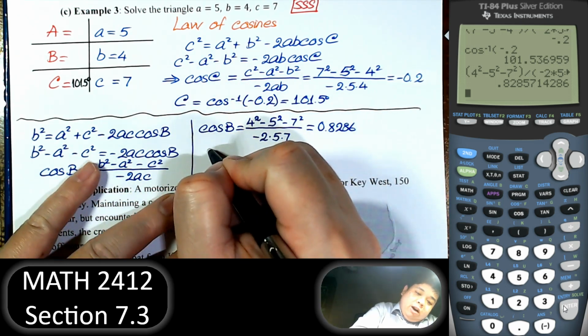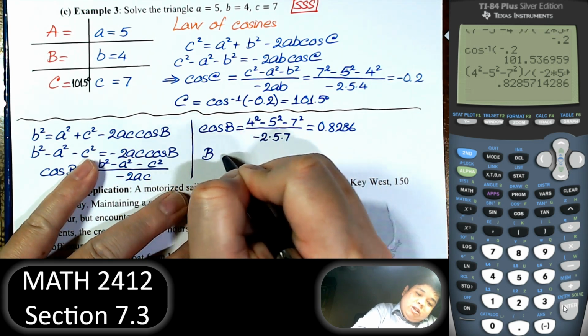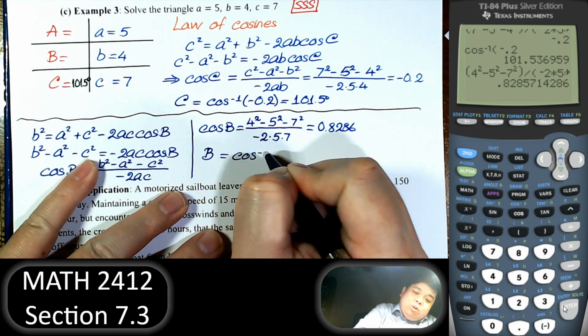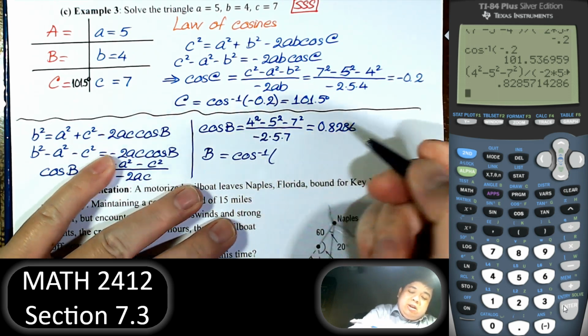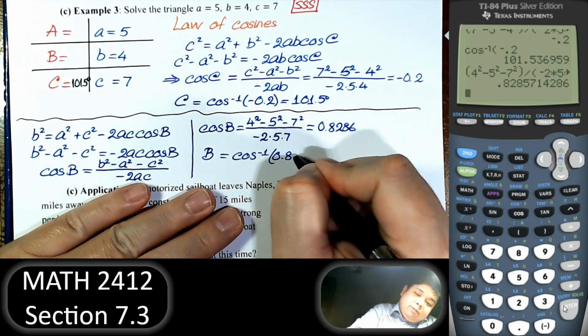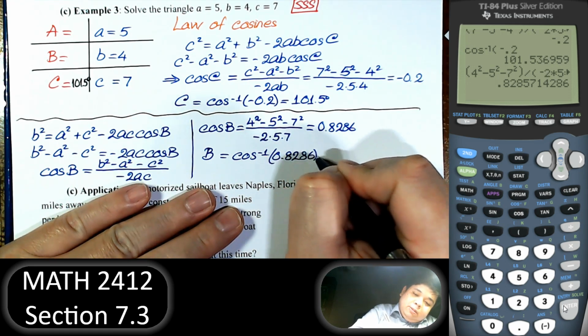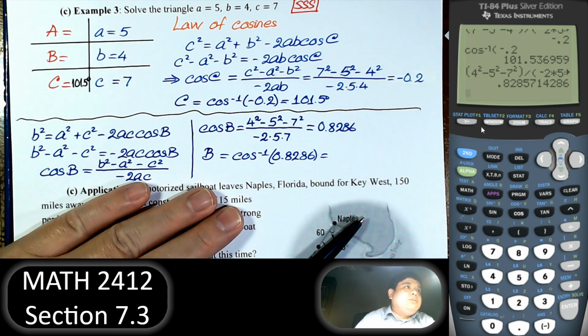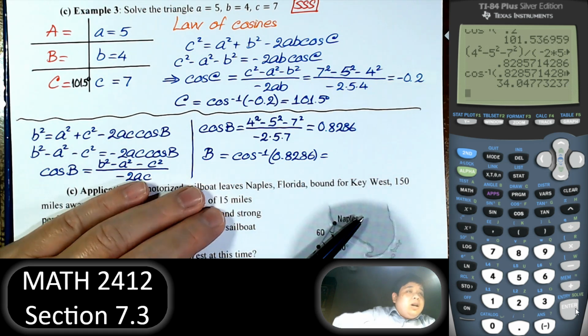And then when we find angle B, we just find the cosine inverse. Notice that we do not need to do the opposite because the angle must be positive. Cosine inverse of that, 34 degrees.